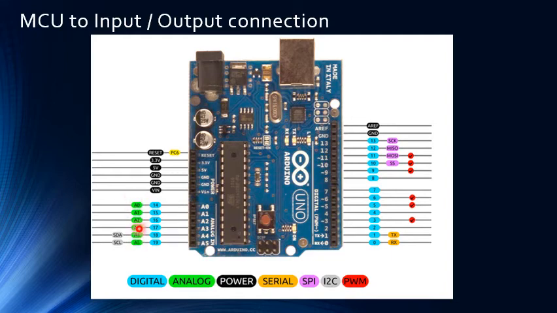So in that case, you need to connect to the analog. But if your temperature sensor only provides two conditions, hot and not hot, then you just need to connect to the digital input. Because digital input can only receive two conditions, yes or no, on, off, hot or not, 0 or 5 volt. For the analog, it can go gradually from 0 to 5 volt.